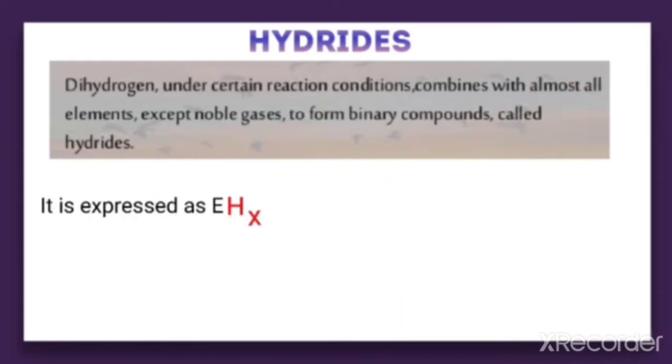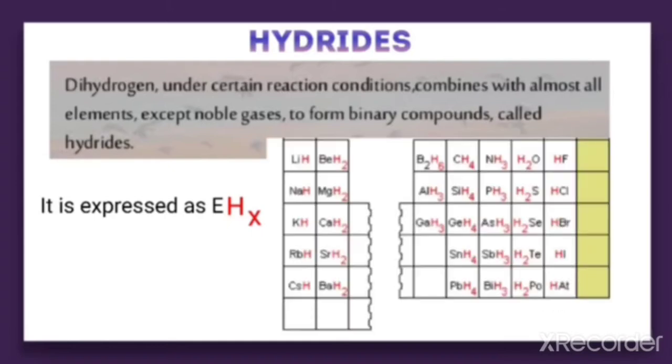Hydrides are generally represented as EHx, where E is the other element, and H, and the number of H is represented here as x. When we take the case of different elements in the periodic table, each forms a hydride, that is, a combination of hydrogen with the other element. Take the first group elements: lithium, sodium, potassium, rubidium, cesium.